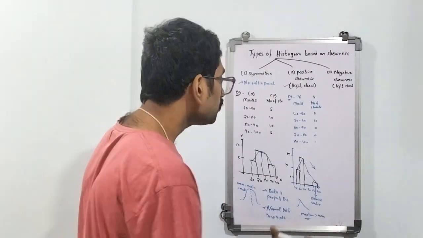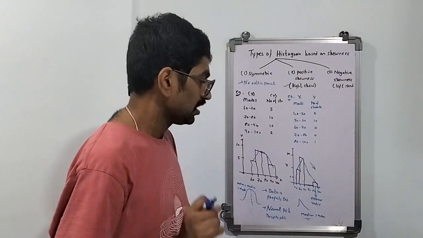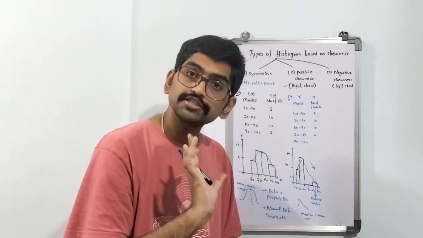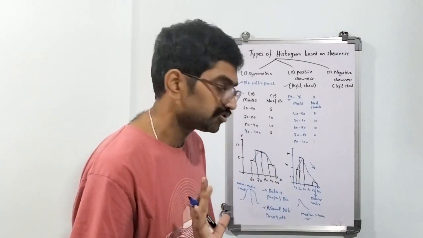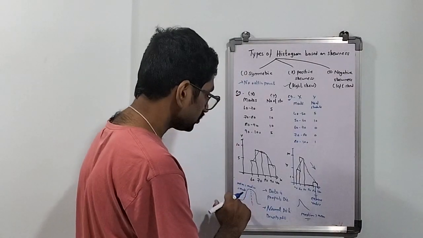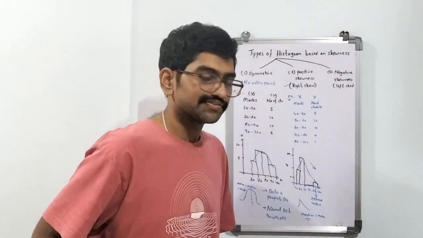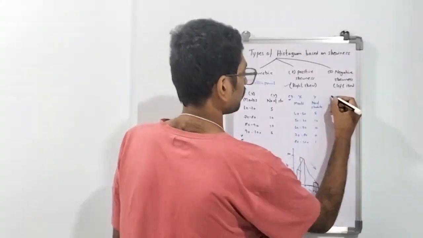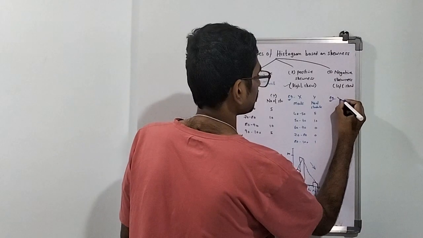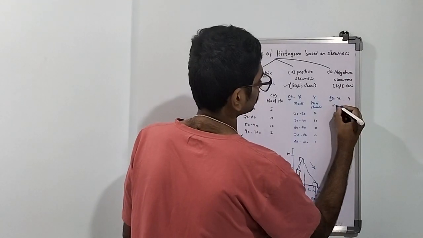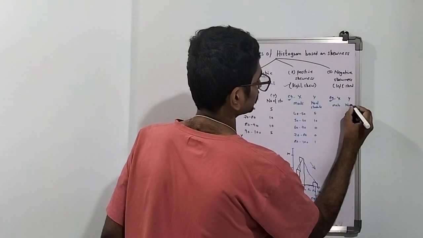So this is how positive skewness works. Here the data is not properly distributed. This is not the normal distribution because data is not distributed normally. That's why this is positive skewness. The third type of skewness that we have is negative skewness. Here, same XY, we will take X as marks and Y as number of students.